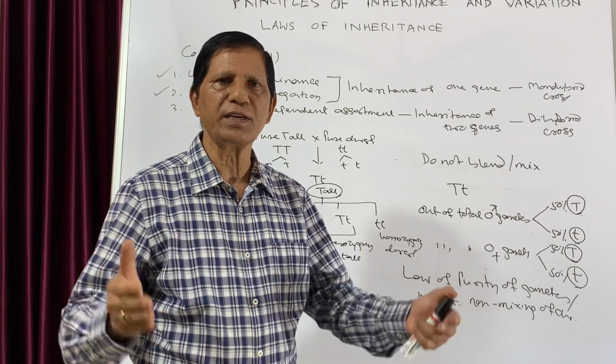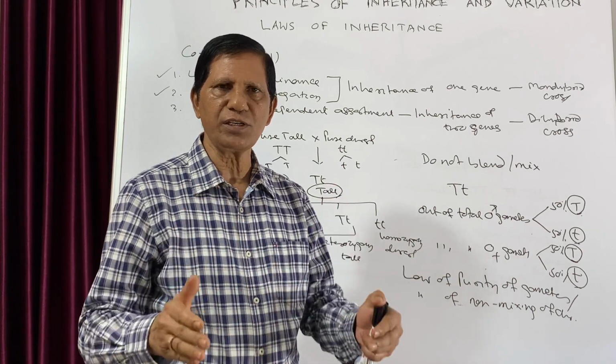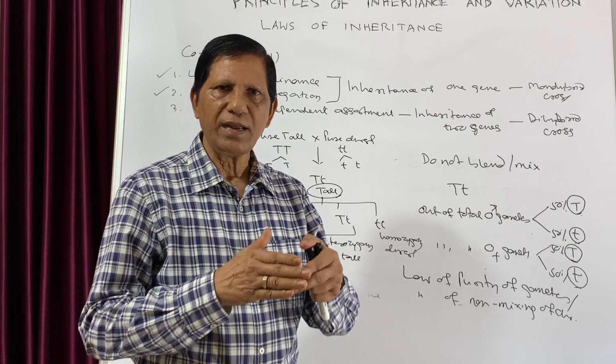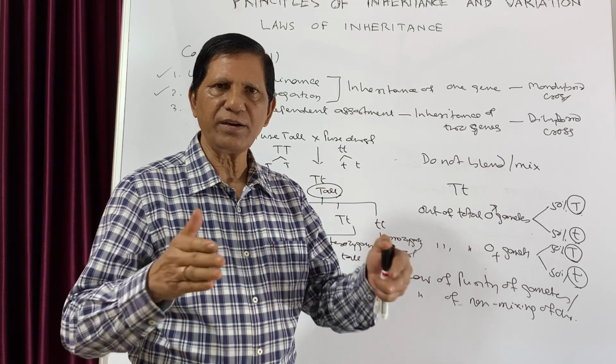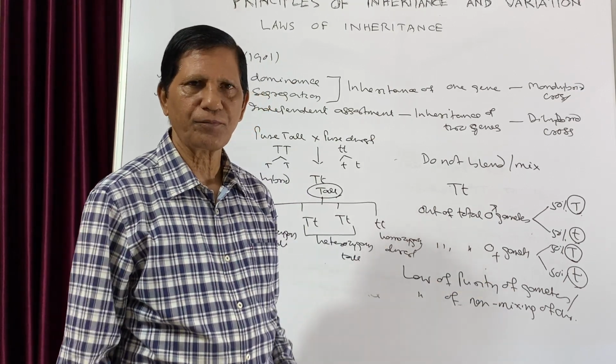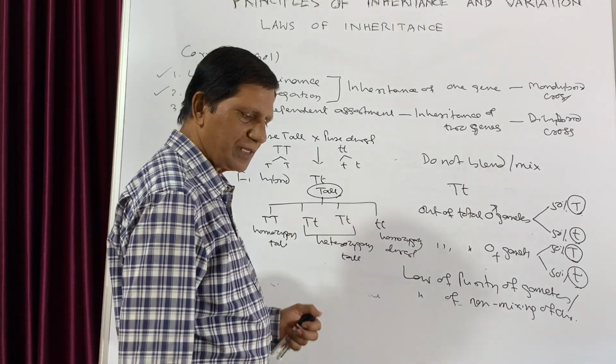This is known as the law of segregation. That means during meiosis, during gamete formation, the alleles, the characters, separate from each other. So this is the law of segregation.